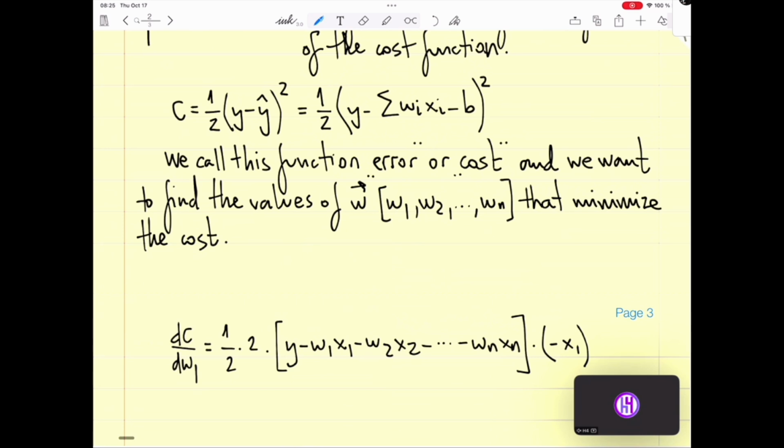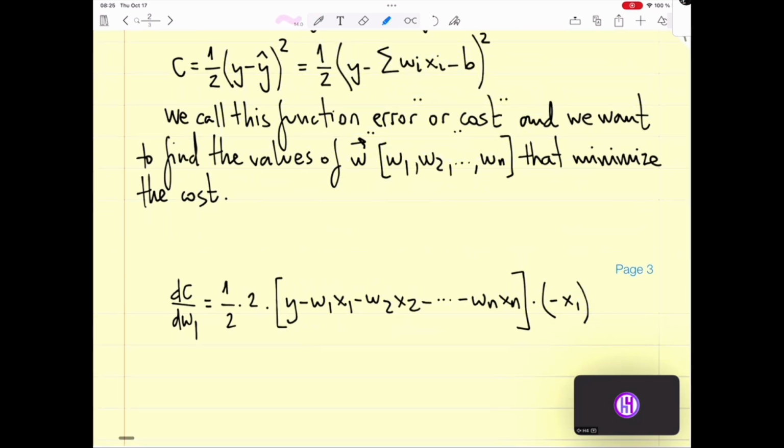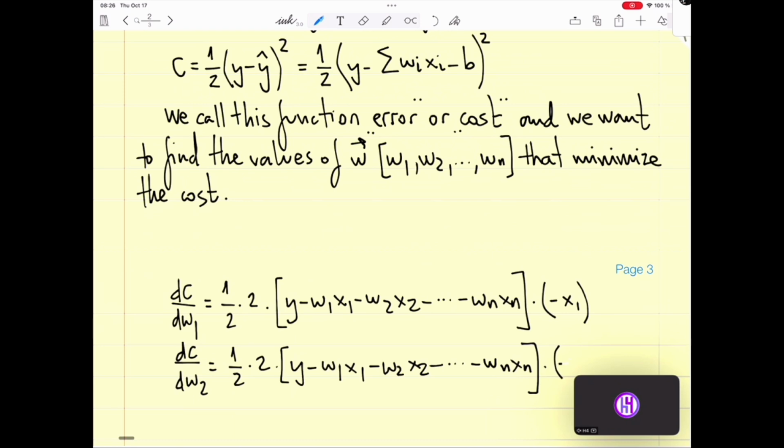Okay, the derivative of this function regarding w1 is minus x1. That's why we do it like that. And then for the rest it is the same: y minus ... times minus x2.